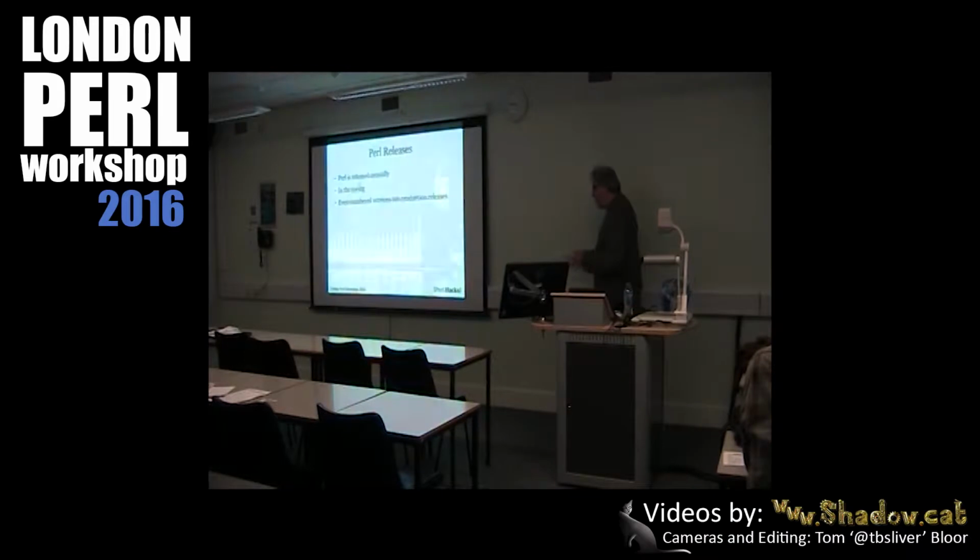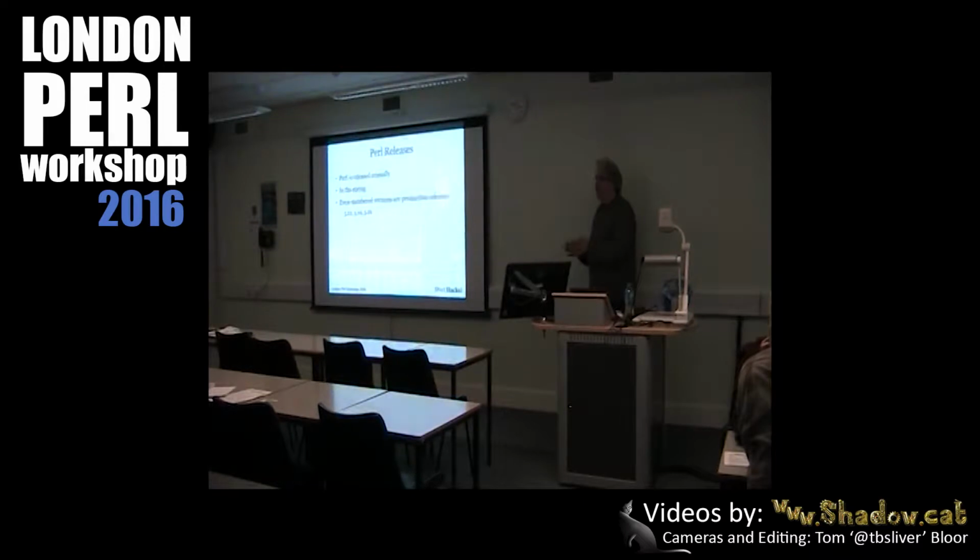Very important thing to know, and I still find when I go to client sites that people don't know this. The even numbered versions are the production releases, and when I say even numbered, I mean the number that comes after the 5, because 5 is obviously not an even number. But 5.22, 5.24, 5.26, they are the production releases of Perl.